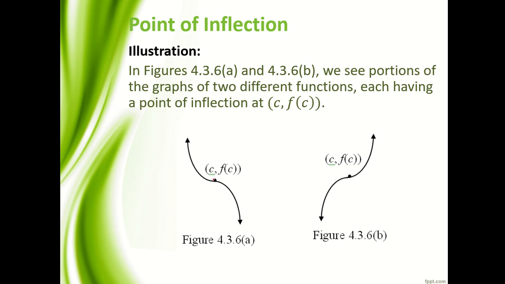So this point here is what we call the point of inflection, with coordinates c and f of c. And so with this part here, figure 4.3.6b. In this case, this one is concave downward, and at the point of inflection it turns to concave upward. Alright, so these are some illustrations of the point of inflection.